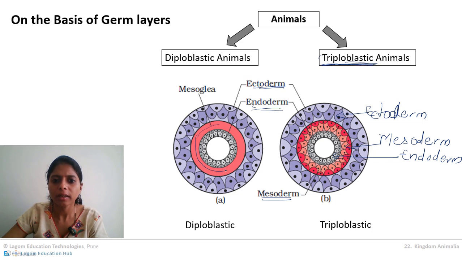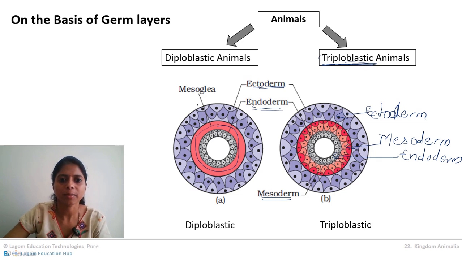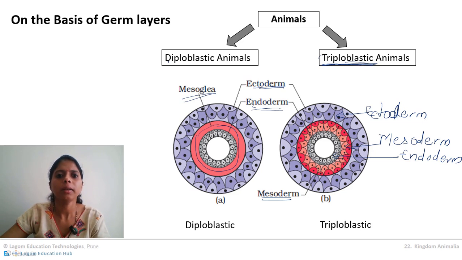A red-colored continuous substance, which is actually a jelly-like substance called mesoglea. So in the diploblastic animal, di means two, so diploblastic means two layers. These animals have only two germ layers, and instead of mesoderm they have a jelly-like substance called mesoglea.